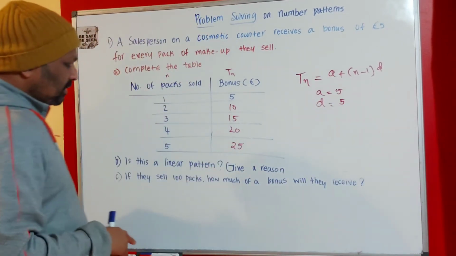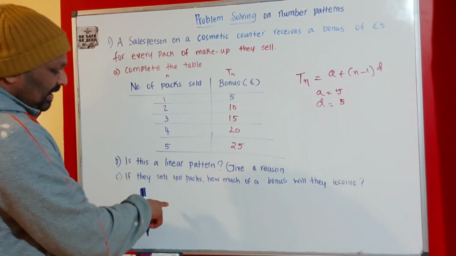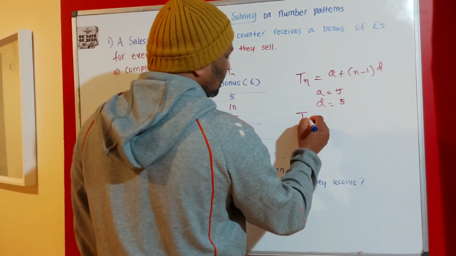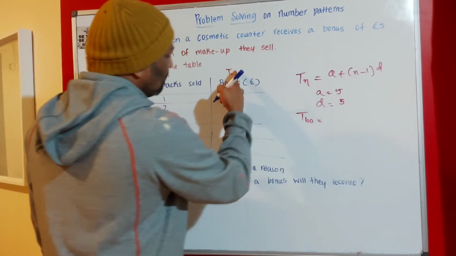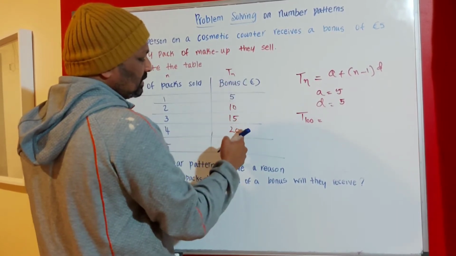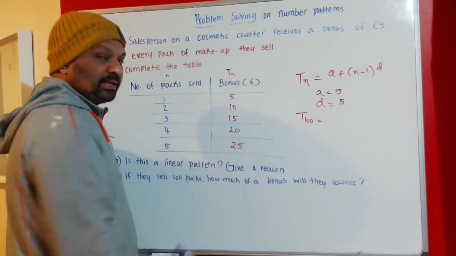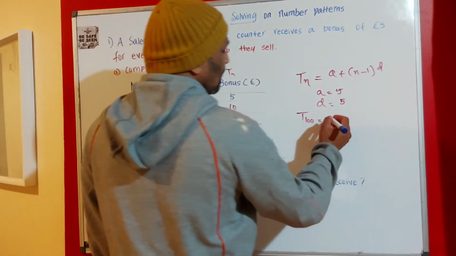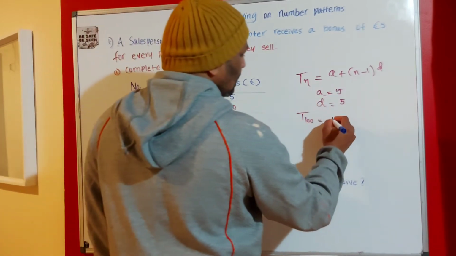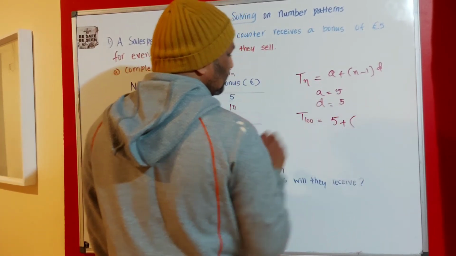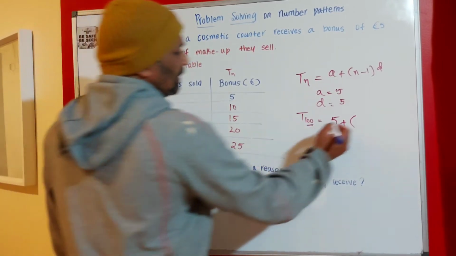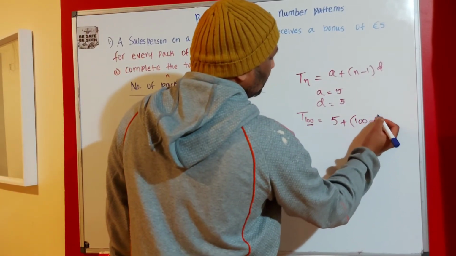So what did he want to know? He wanted to know, if he sells 100 packets, what we have to find: T100. T1 is 5, T2 is 10, T3 is 15, T4 is 20, T5 is 25. Like this, T100. What is T100? The formula is a plus n minus 1 into d. What is a? 5 plus, what is n? n is 100, so 100 minus 1 into d.